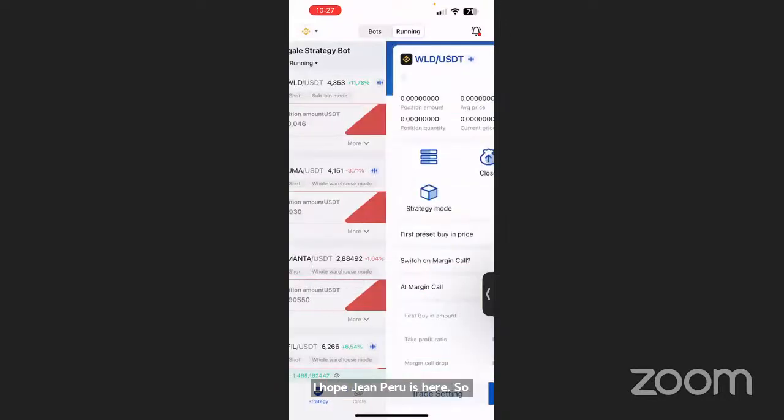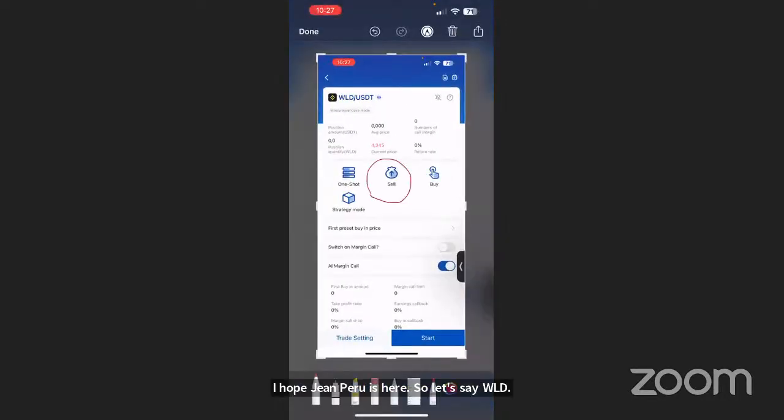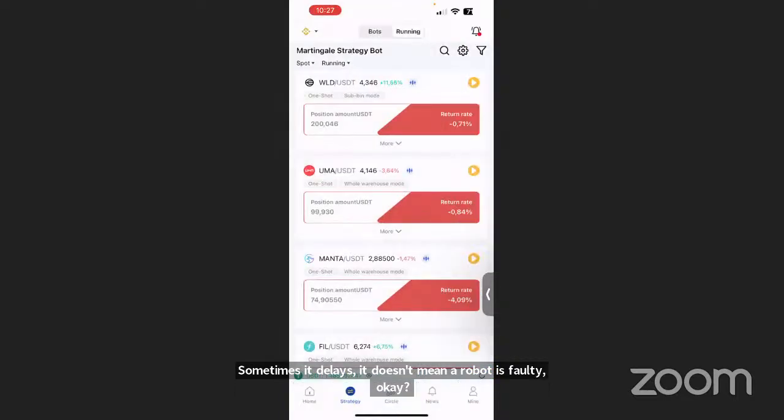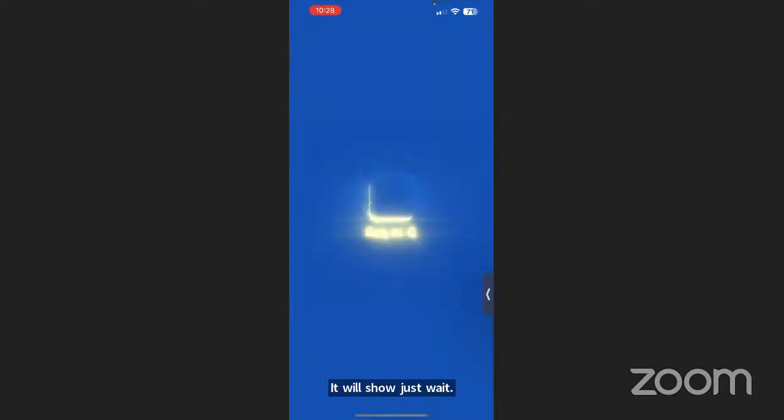So let's say WLD. I'll tap on sell. Okay, wait, let it load. The coins have not yet shown. Sometimes it delays. It doesn't mean your robot is faulty, okay? It will show. Just wait. Sometimes I just relaunch it again, then it refreshes.